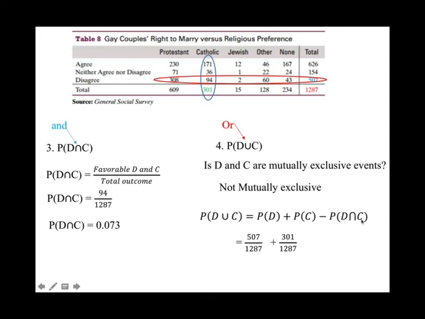Now D and C: when you circle it, you're going to see this is the one that's duplicated, so we subtract one of them. Minus 94 over 1,287. Use the calculator. You should get 714 over 1,287, which is 0.555.